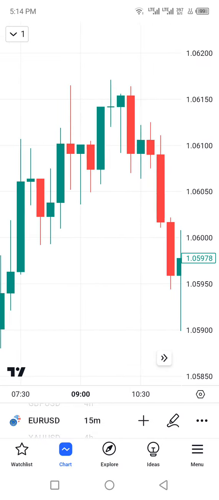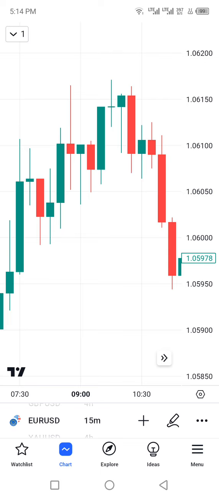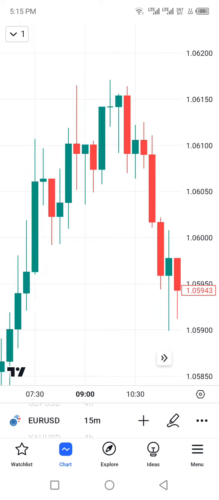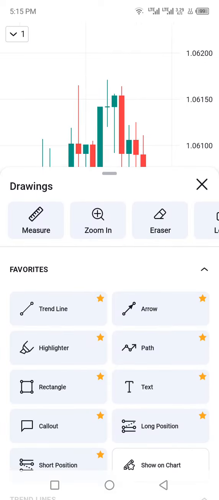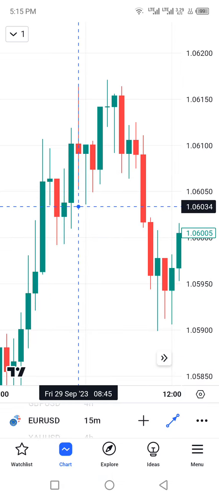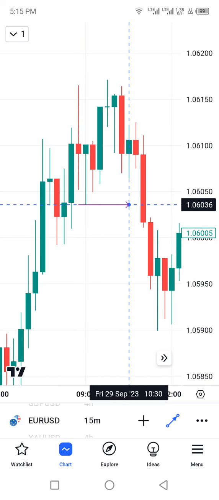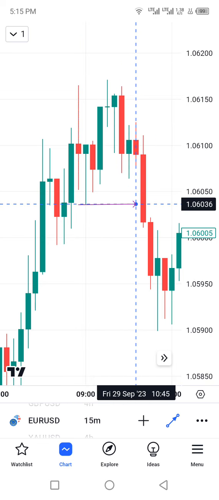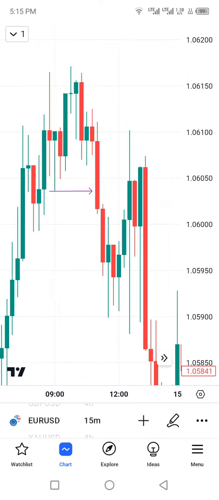Our most recent pullback will be taken as change of character. Where is the most recent pullback? This is the most recent pullback. This one, that's change of character. Normally I'll use my arrow tool.